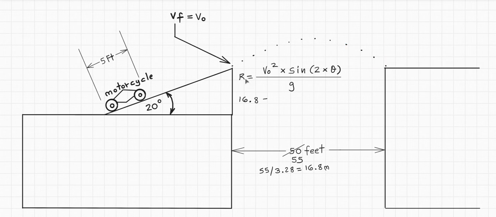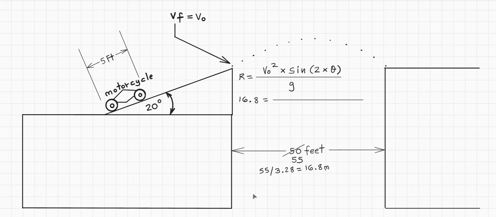So we can use this formula here in projectile motion, the range of a projectile. So we have the initial velocity or the launch velocity squared times the sine of 2 theta, or twice the ramp angle, divided by gravitational acceleration.